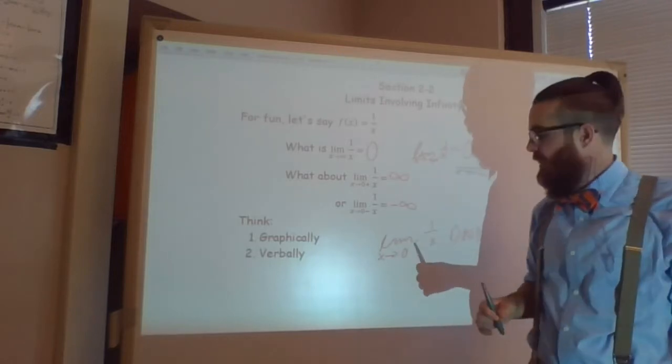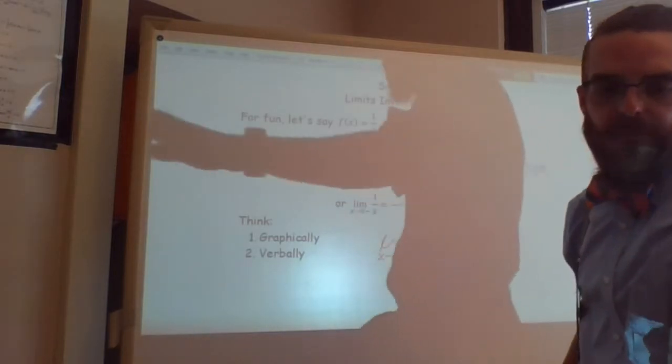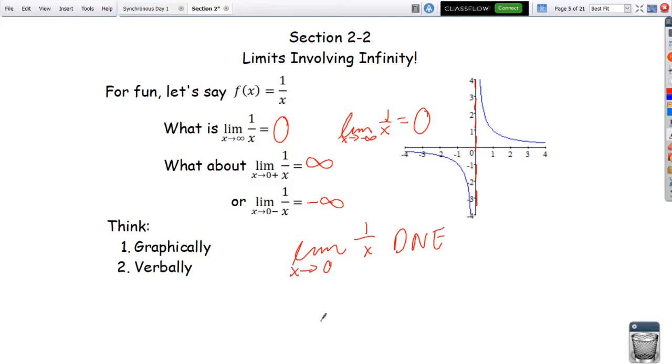Let me just make up a limit right here: the limit as x approaches infinity of 10 to the 20th power over x. Because 10 to the 20th power technically is finite, I can count to 10 to the 20th power. I don't want to, I can. This would be 0, as long as you have finite divided by infinity.